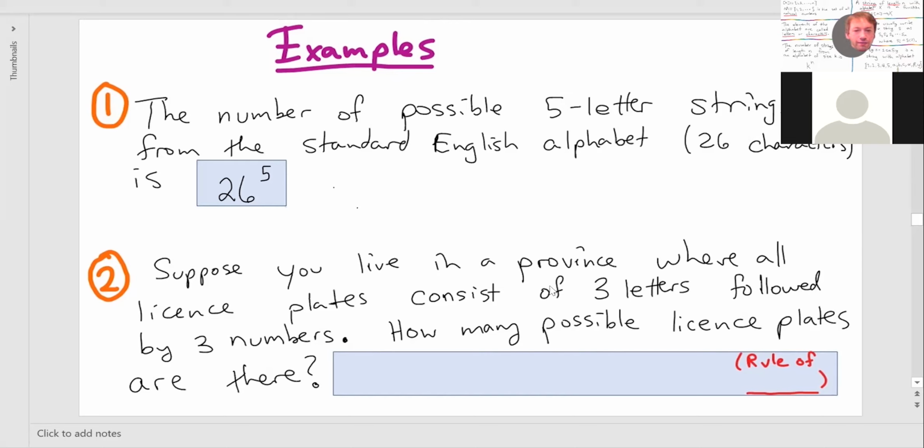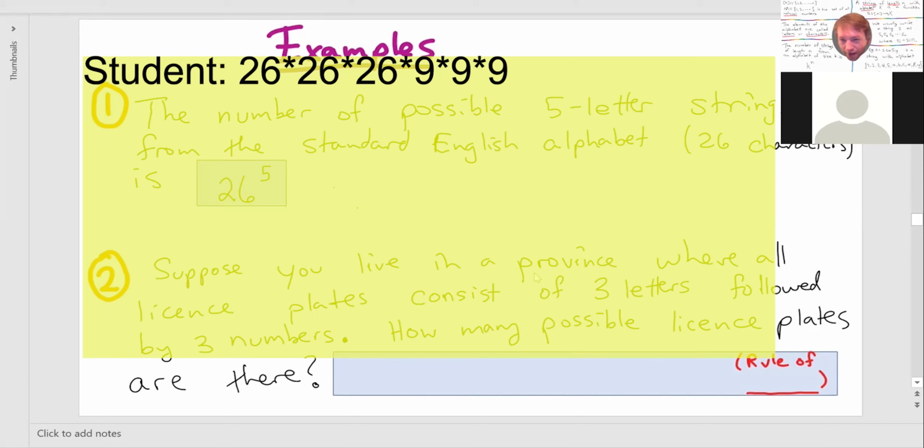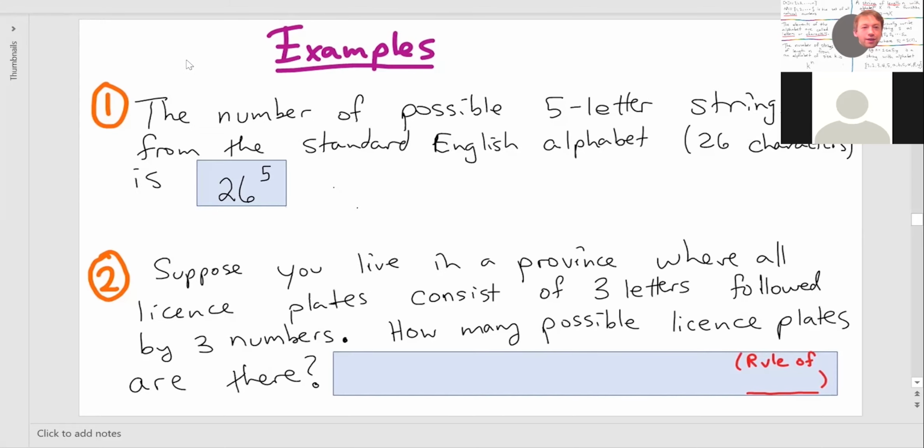So suppose you live in a province where you've got license plates with 3 letters followed by 3 numbers. How many possible license plates are there? So maybe I'll give this to the audience. Okay, yeah. It would be 9 times 9 times 9 if you don't allow 0.